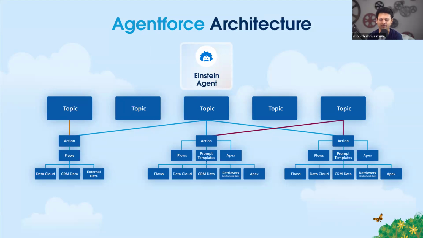And then you have indeterministic processes like prompts, for example, which are really good for generative AI tasks. Like, for example, let's say you want to generate a newsletter or an email, you can use generative AI capabilities. Those are the tasks that your flows and Apex cannot do because at that time you're using the large language model capabilities.